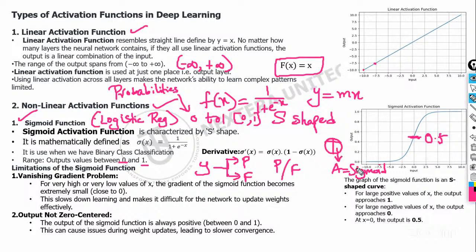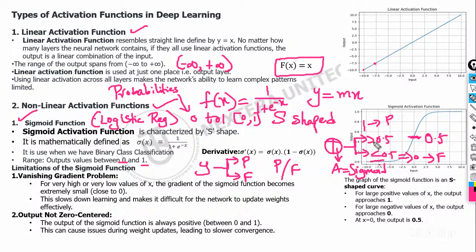Once it calculates the probability, it checks: is it greater than 0.5? Then the output will be 1. If it is less than or equal to 0.5, the output is 0. So 1 represents the pass class and 0 represents the fail class. This is how a sigmoid function helps us classify a binary class task.